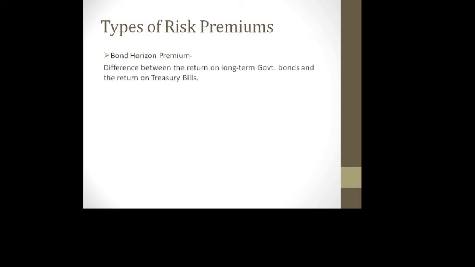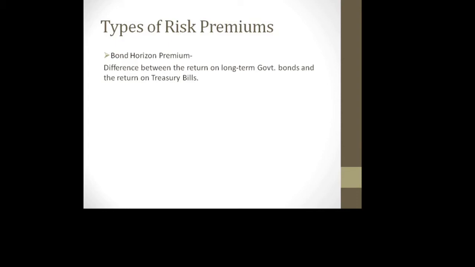The second type of risk premium is the bond horizon premium. Let's see what it is. It is the difference between the return on long-term government bonds and the return on treasury bills.